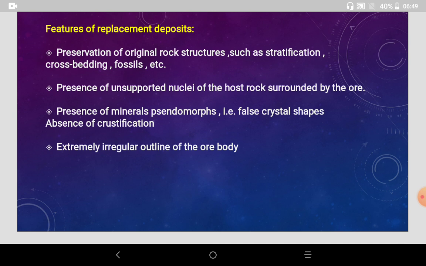For example, chalcocite may replace pyrite cubes and form pseudomorphs. Next, irregular outlines of the ore. The wavy outlines of the ore with protuberances and embayments into the host rock, and extreme irregularity, are indicative of replacement.